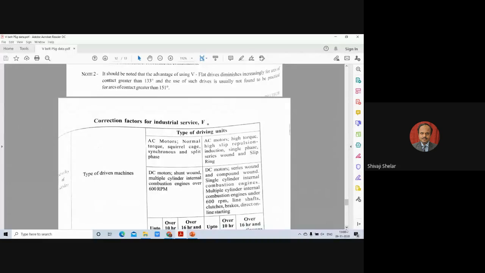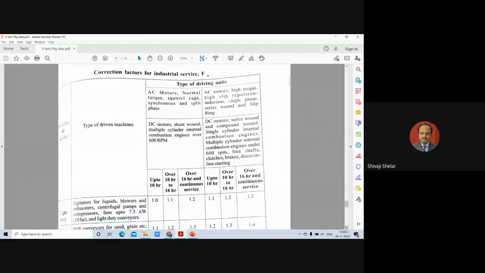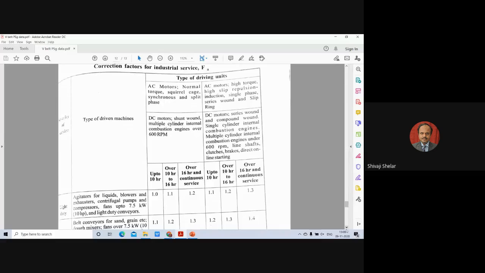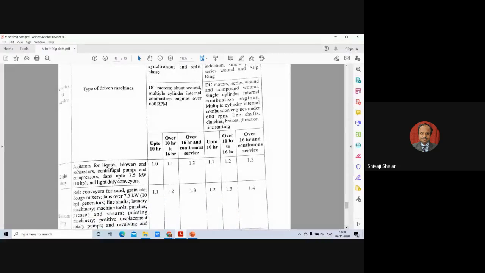Okay, this is the correction factor FA, the service factor, which is our load factor. The load factor or service factor depends upon your driven characteristics and driver characteristics. The driver characteristics are in the columns here, and the driven characteristics, where we have the application, are in the rows.